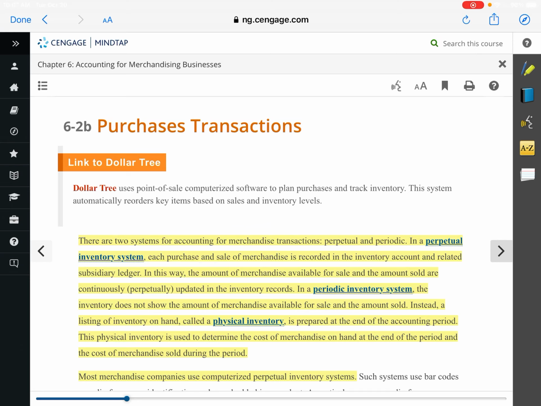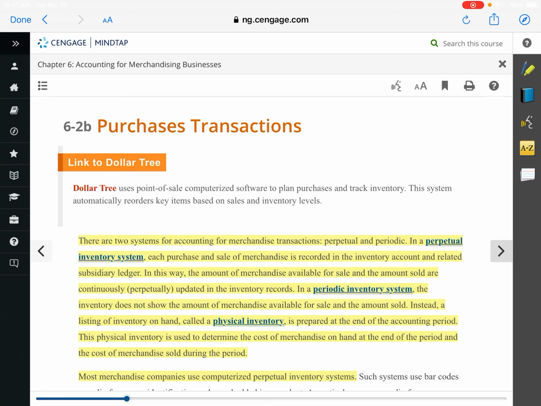So if you went today and you said, hey, how much inventory do we have on hand? Well, we have our beginning balance of inventory, and then we would have obviously made journal entries anytime that we purchased more inventory, but you wouldn't know exactly how much inventory you have on hand. So with a periodic inventory system, you only update it at month end, or at period end.